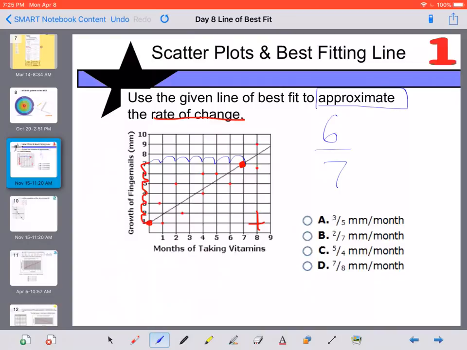So like 3/5 isn't really close to 1. 2/7 isn't close at all. 5/4 is over 1, but 7/8 looks pretty close to 1. So what we are going to do then is just say D is our answer, because it's close to 6/7. Now we could have gone up one more, and then it would have been 7/8. But again, what we're doing is approximating.